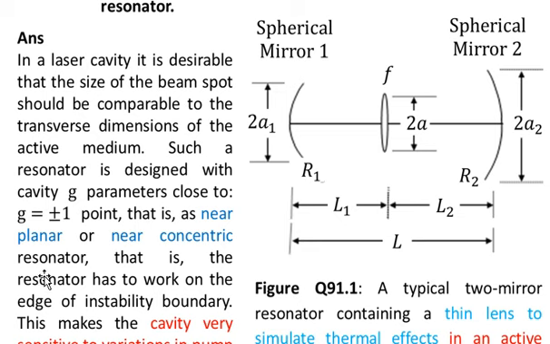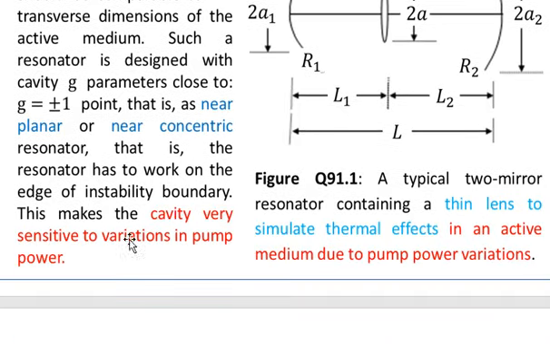The resonators lying close to the curve drawn by the equation G1 G2 equal to plus or minus 1 are near planar resonators or near concentric resonators. That is, the resonator has to work on the edge of the instability boundary. This makes the cavity very sensitive to variations in pump power.